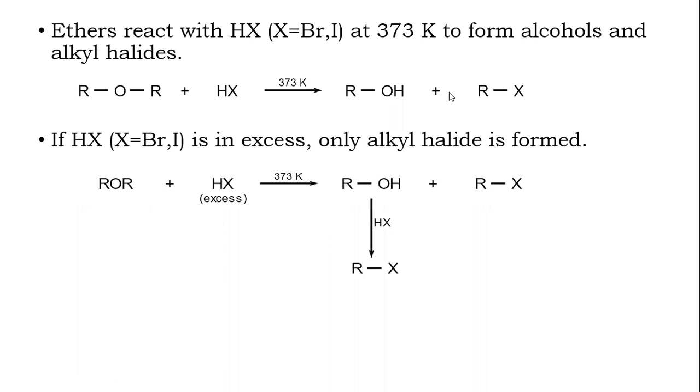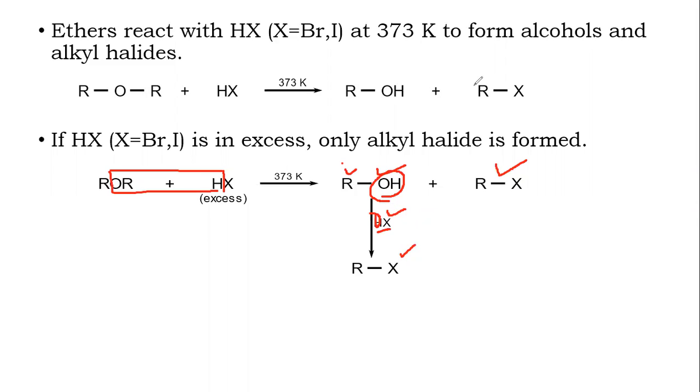For example, if we take ROR, that is ether, in the initial steps, alcohol and alkyl halide will form. The alcohol so formed will combine with the halogen acid so that it can liberate 1 mole of water in this manner, and R and halogen will combine to form RX.